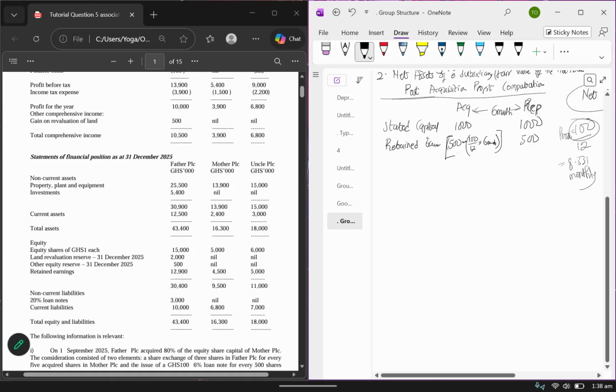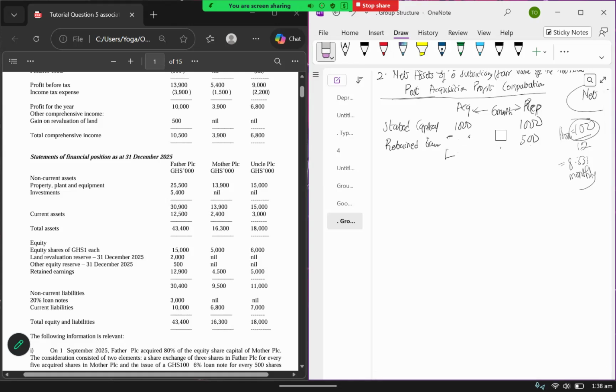You subtract the 100 from the 500. This will give us 400, and 400 is as at the beginning of 2025. But the acquisition date we are considering here is 30th June 2025, and let me write the reporting date, 31st December 2025.